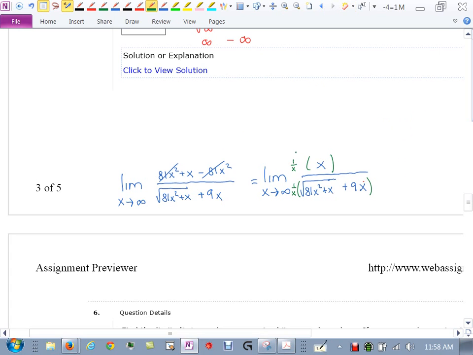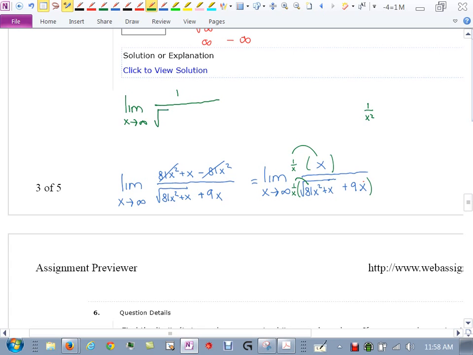Okay, so when I distribute through here, I get a 1. So I have limit x goes to infinity. I have a 1 on top. And then on the bottom, I have to distribute this to this. Now, I've talked about this in my videos. When you force something into a square root, it gets squared. So that 1 over x is going to be a 1 over x squared when it goes under the root.